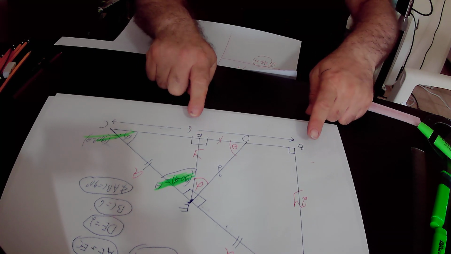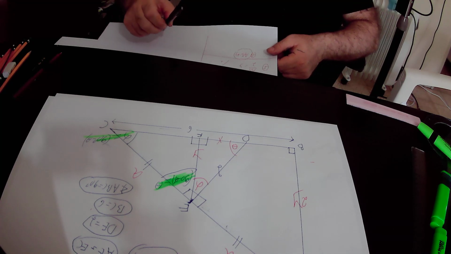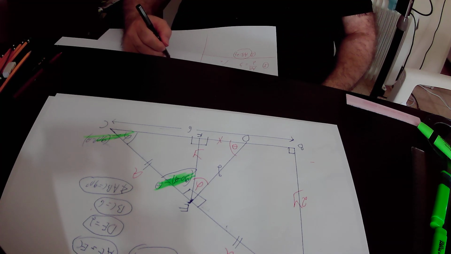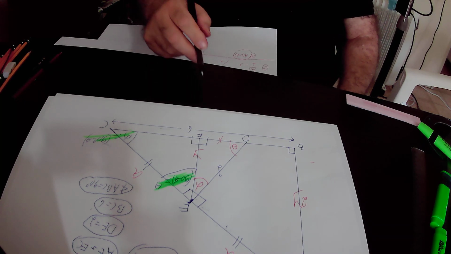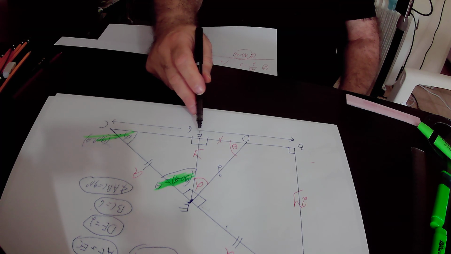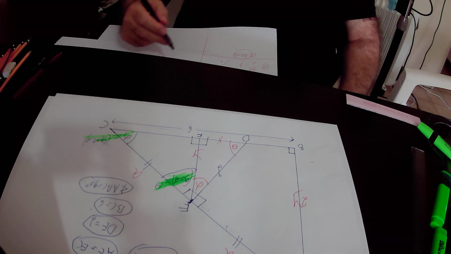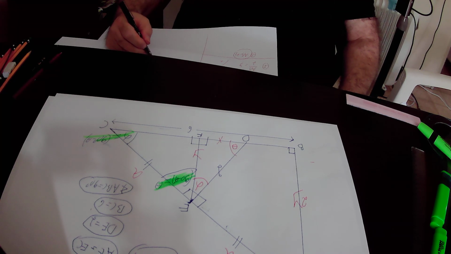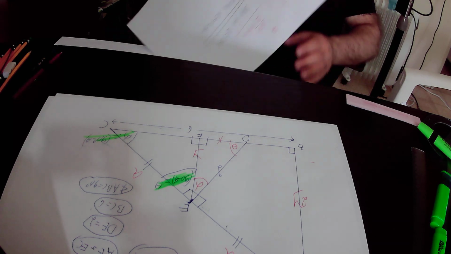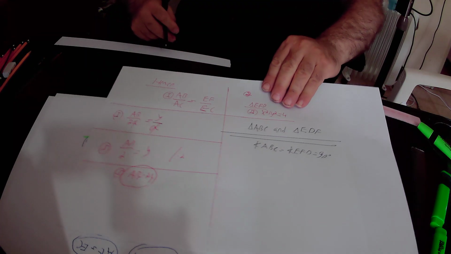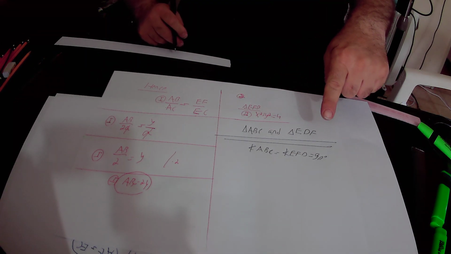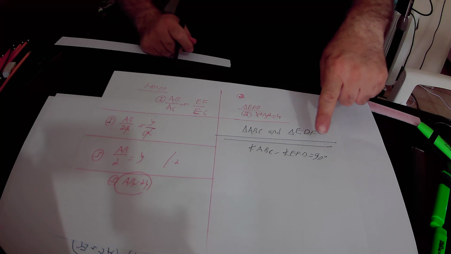So angle ABC in triangle ABC is equal to angle EFD in triangle FED, and they are both equal to 90 degrees.